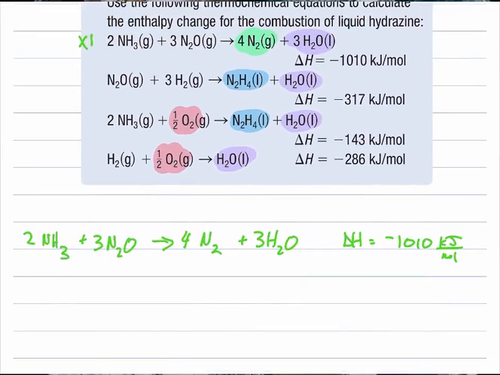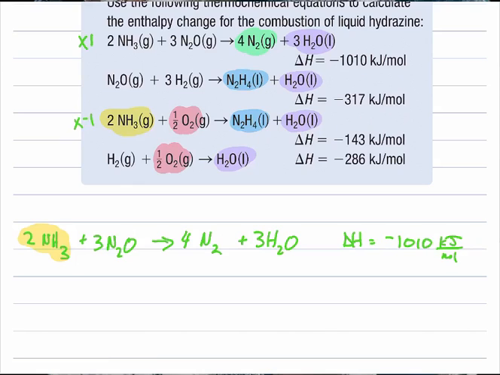Now, let's start getting rid of things that we don't need. What do I mean by that? Well, NH3 is not in our target equation. So if ammonia is not in our target equation, we don't want it. So we're going to try and get rid of it any way that we can. Now fortunately, it occurs in our third reaction here. However, it's on the reactant side, and we need it to be on the product side. So we can multiply by -1.